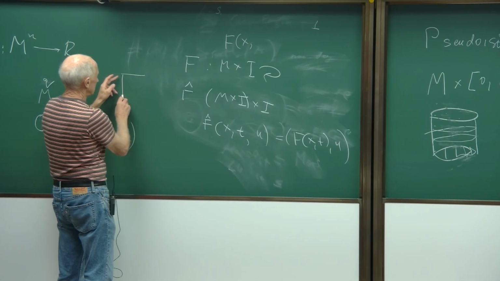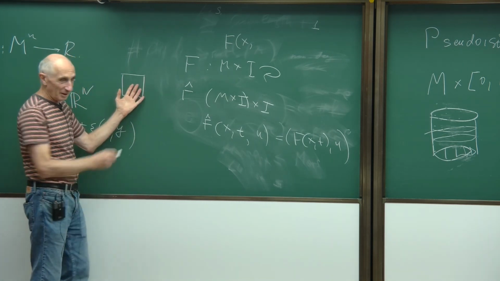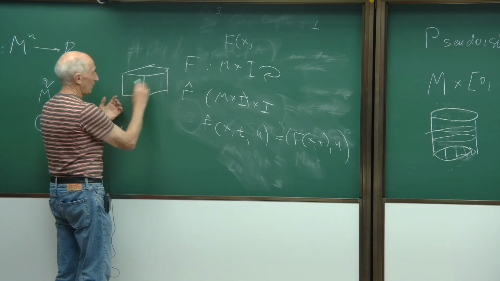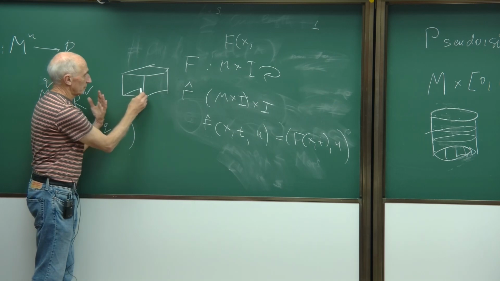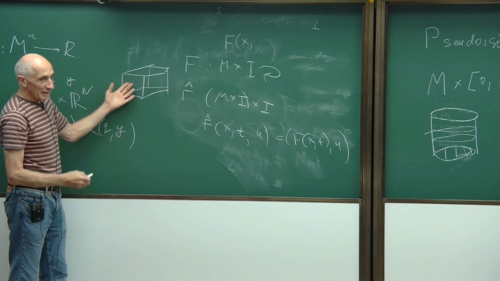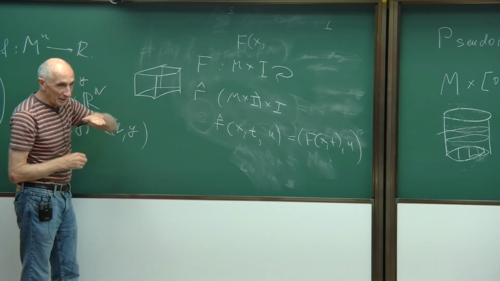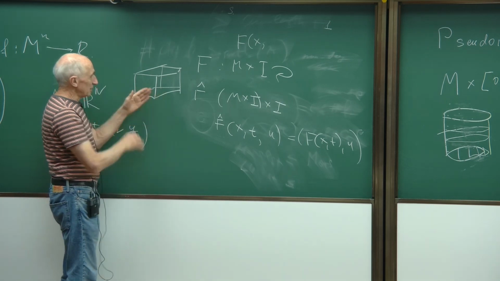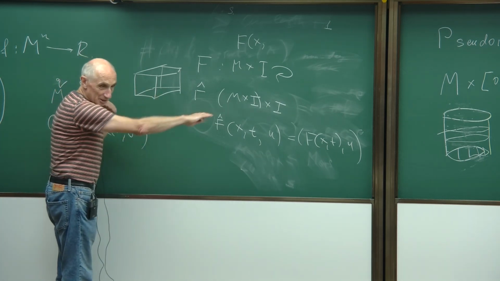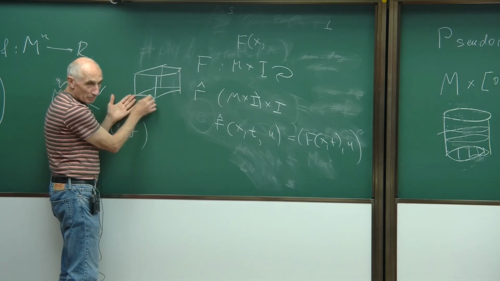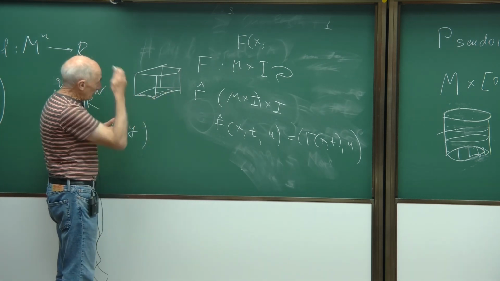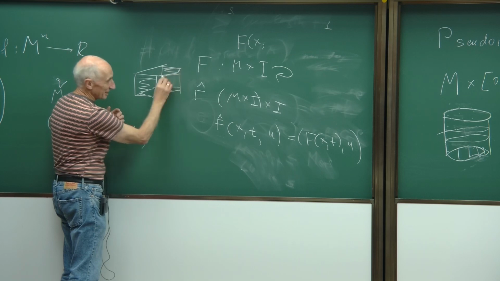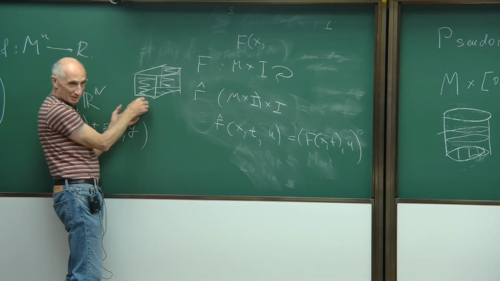Suppose this was my original cylinder, and now I multiply it by an interval, so I get this cube. Our map is just the identity along this direction, so it's identity on the bottom, it's identity here, it's identity there, but it's not identity over this one.